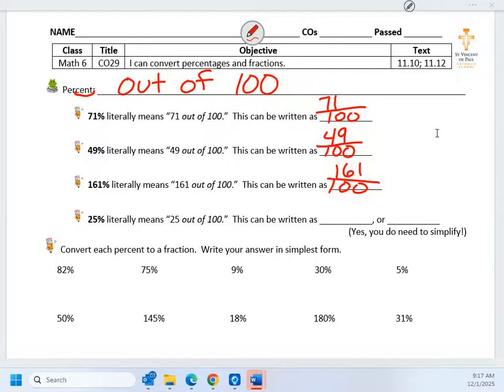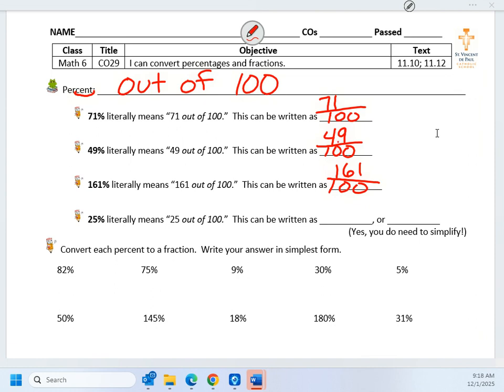Does that make sense? It's a good observation. We can have percentages that are more than 100. It means it's more than one whole. So when we look at those fractions, we'll notice they are improper because there's one whole plus more, whereas our other percentages are less than 100%.